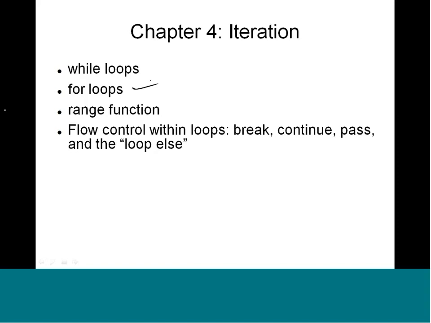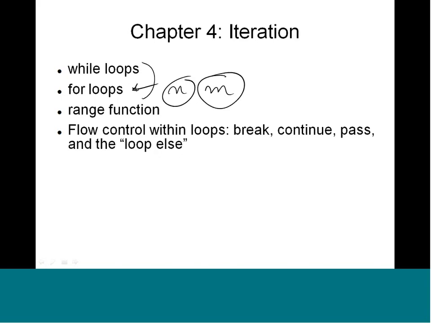The for loop, on the other hand, executes a sequence of statements multiple times and abbreviates the code that manages the loop variable. So the for loop is simply like, I want it to run n number of times or m number of times, and the loop variable can be abbreviated to some fixed quantity.